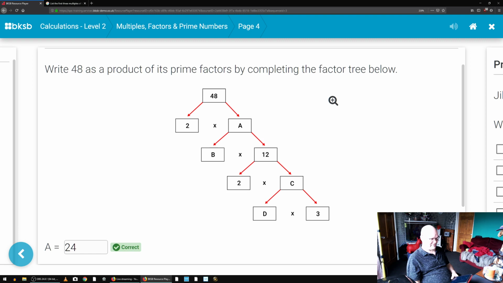Write a product as... So what I do is I have to write this out now. So for A, write 48 as a product of its prime factors. Factor tree.